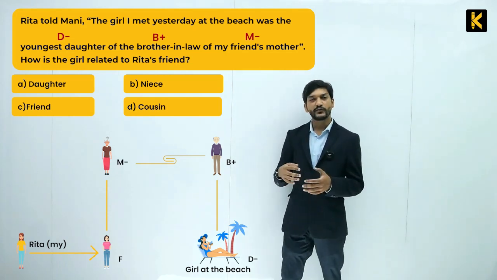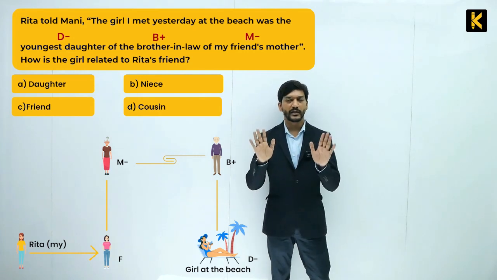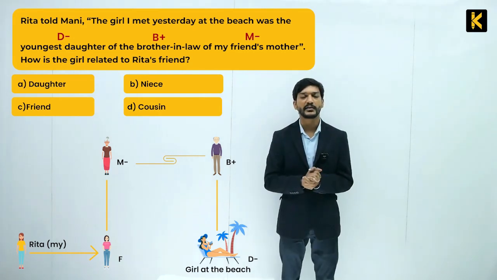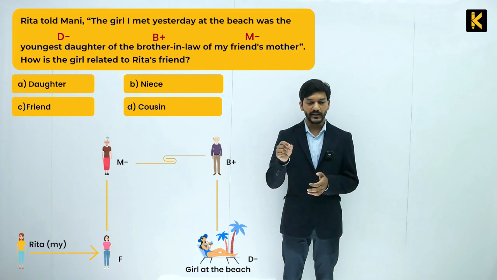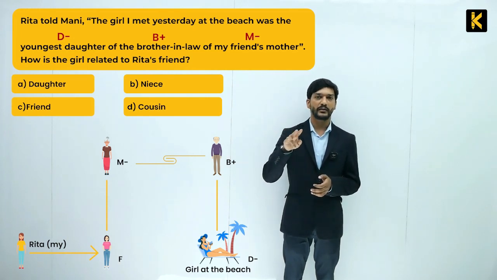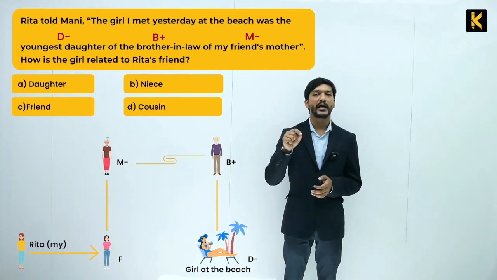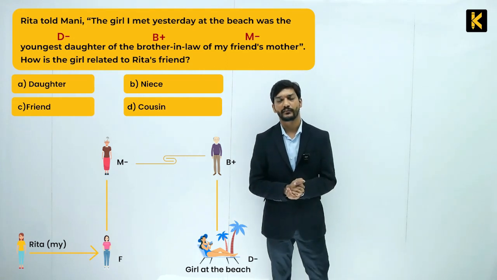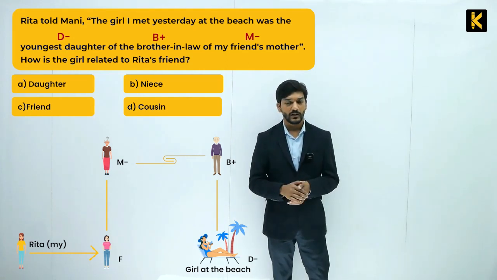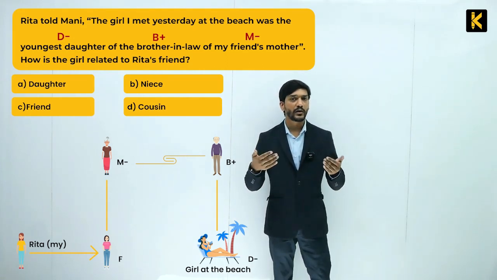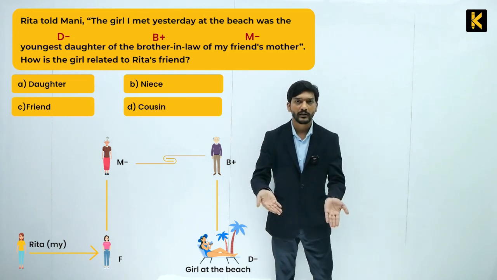Now, just for a moment, don't think of the in-law relation between M minus and B plus. Just think of these two persons as brother and sister in law. So brother and sister in law, their children will be what?